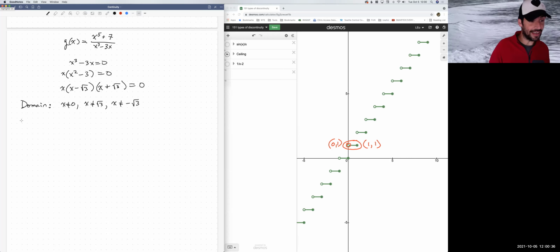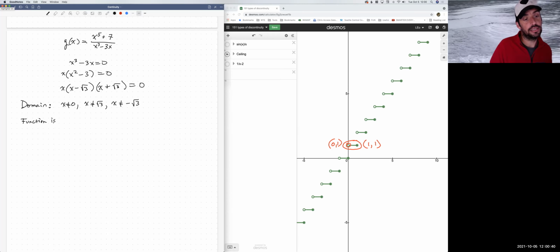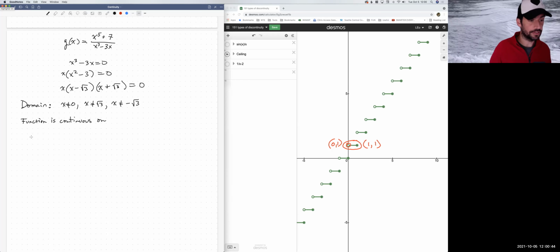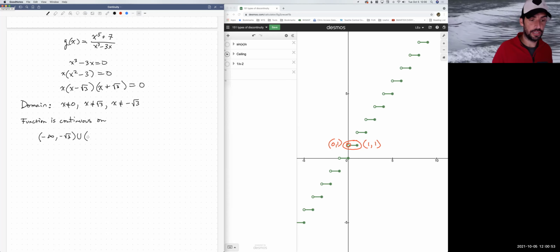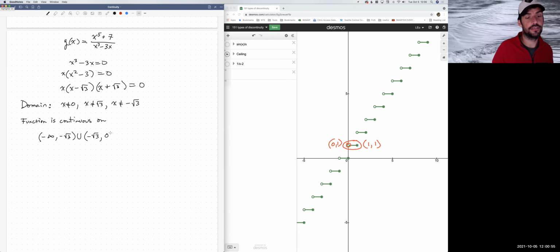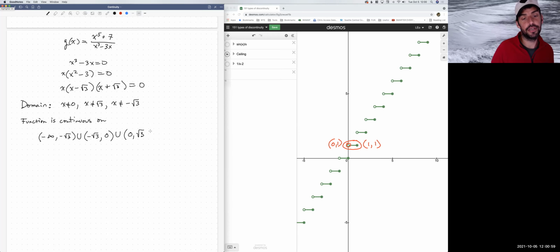And so we can say our function is continuous on, let's use interval notation, from negative infinity to negative root 3, then between negative root 3 and 0, then 0 and root 3.